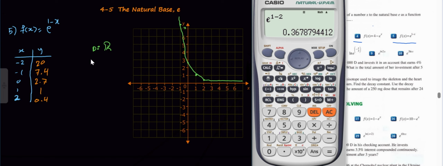And for the range, y is greater than 0. Why? Because according to the y-axis, the graph goes from 0 until positive infinity, but 0 is not included because it doesn't cut 0. So y is greater than 0, or we can say 0 is never included and it goes to positive infinity. That's it. It's very easy.